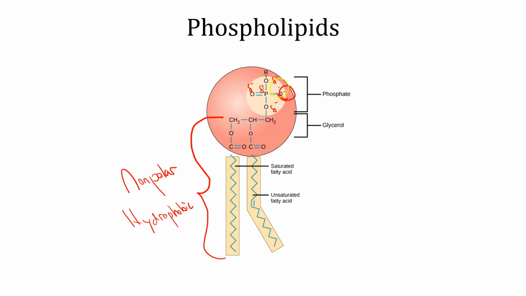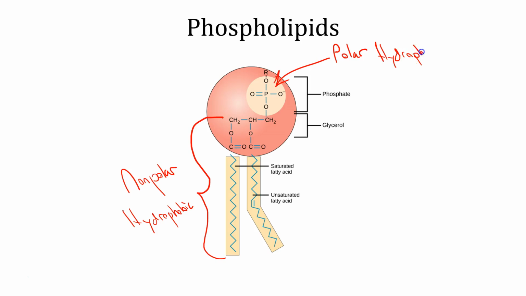So it's not even a slight negative or a slight positive charge. It actually has a real negative charge on it. So when that happens, that thing is super polar, because it's got a really strong charge imbalance. So this is going to be polar, which means that it is hydrophilic.